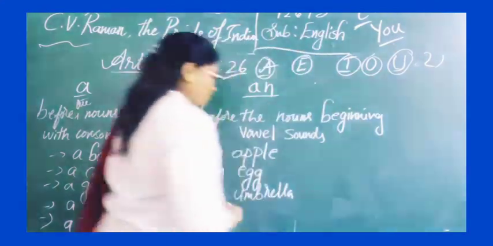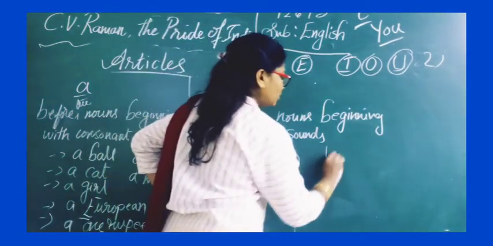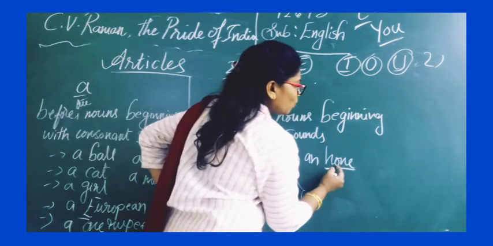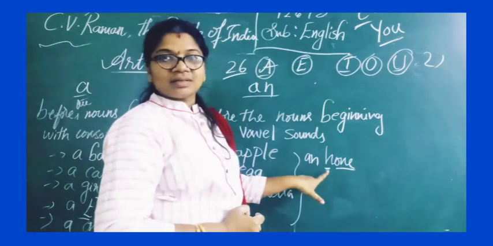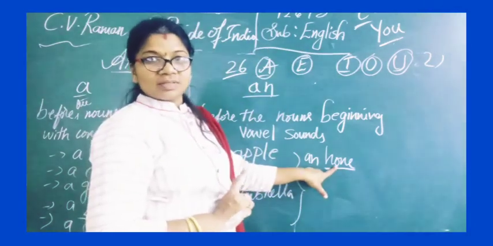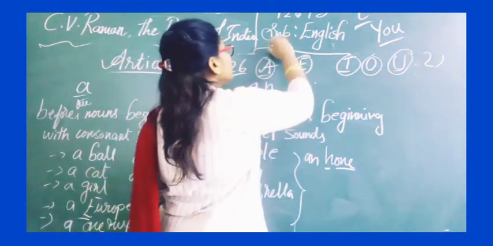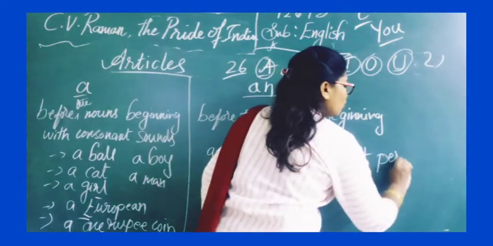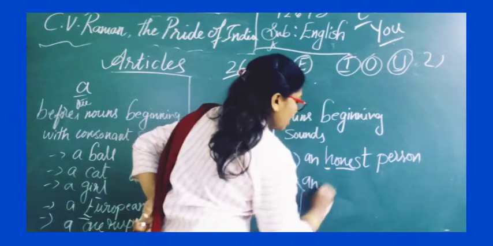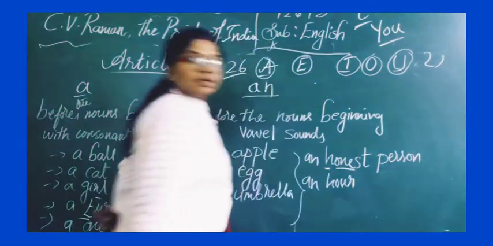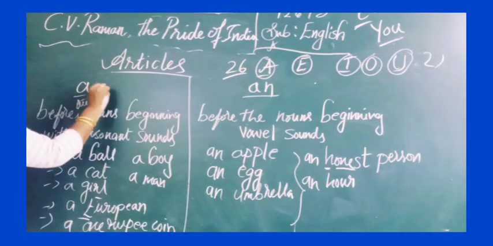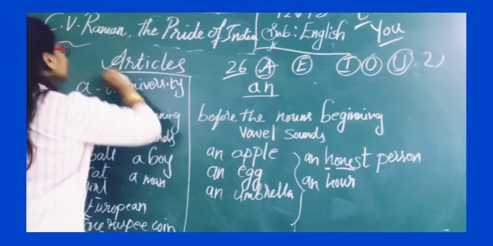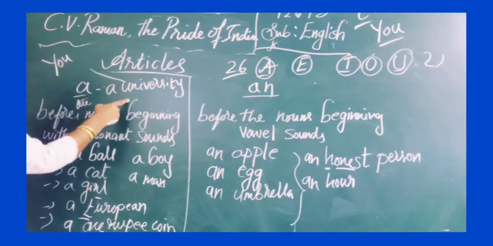Now let's come here the same way. I'm going to give you examples here. An honest person. H is silent, honest, o sound. An honest boy, an honest person. And here also, a university, a university, because it begins with Y-O-U sound.